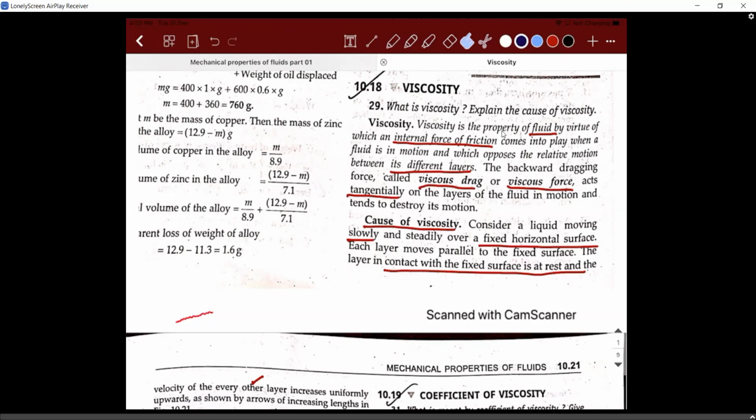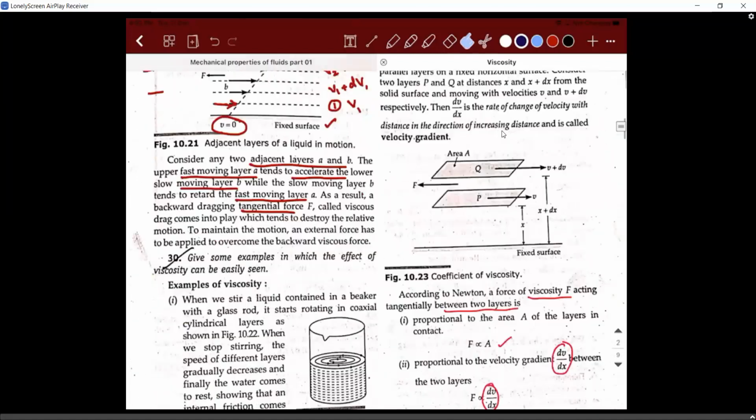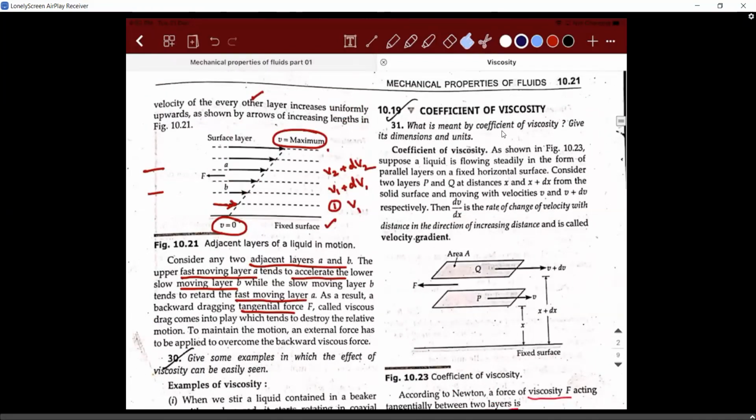Due to which there will be a friction that is going to come into the picture and that will act in the backward direction, right? So keeping this point in mind, we are going to see some mathematical equations that are associated with this chapter. The first one is called the coefficient of viscosity.